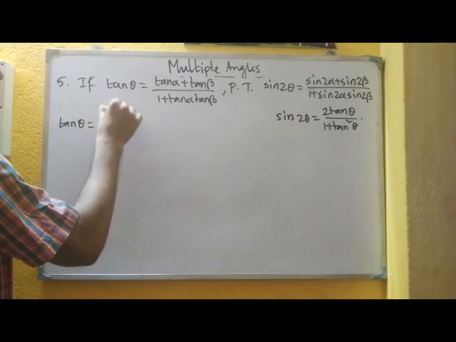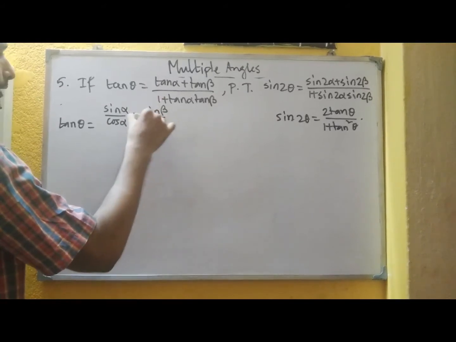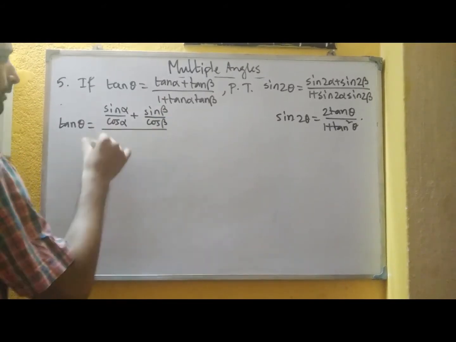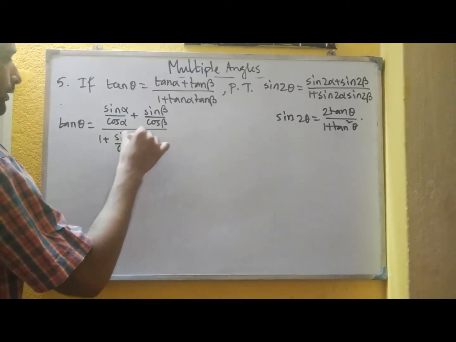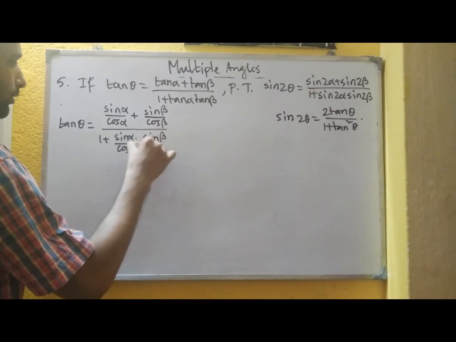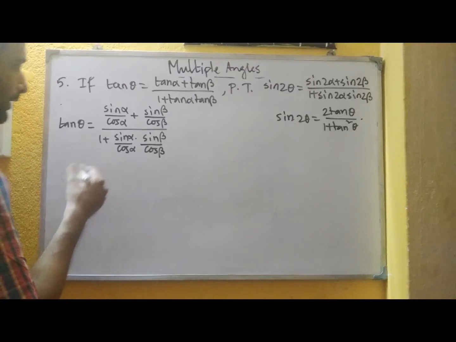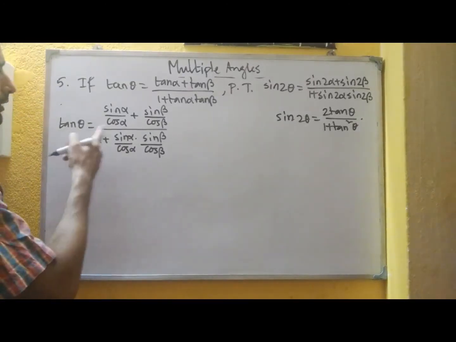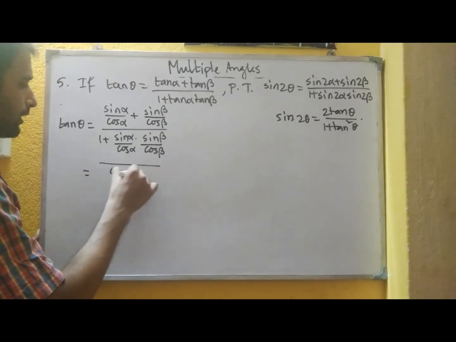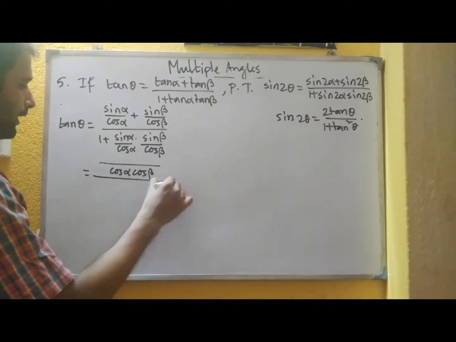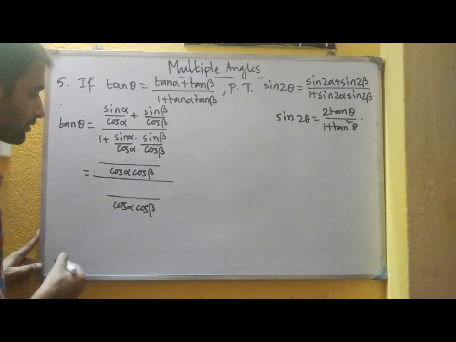It is sin alpha by cos alpha plus sin beta by cos beta divided by 1 plus sin alpha by cos alpha into sin beta by cos beta. Now take the LCM in both the numerator and denominator, and we know that the LCM will come the same. So here we can write it is cos alpha cos beta, and here also it is cos alpha cos beta. So ultimately they will cancel out.